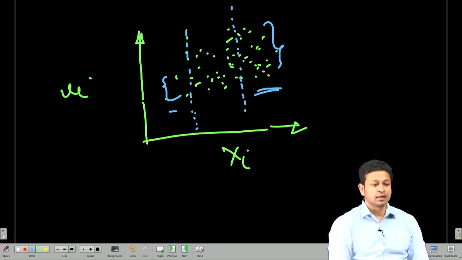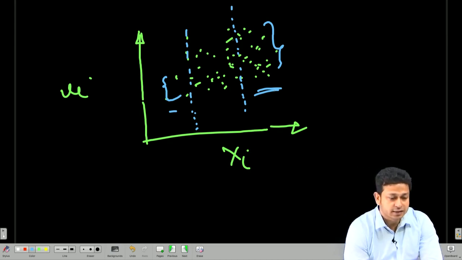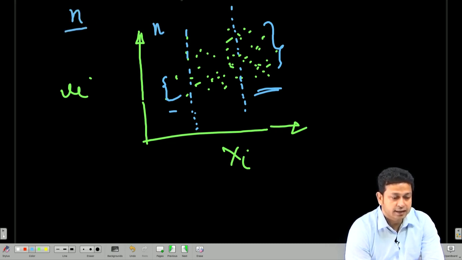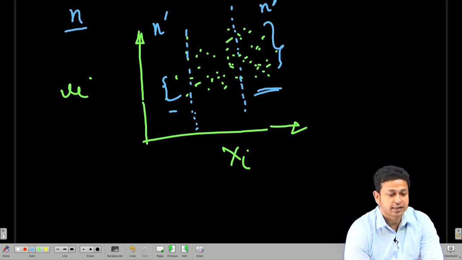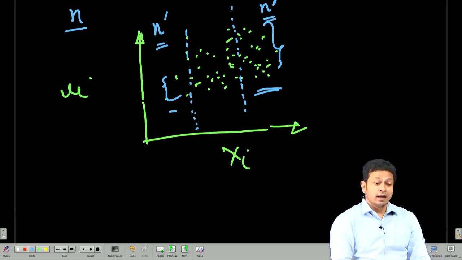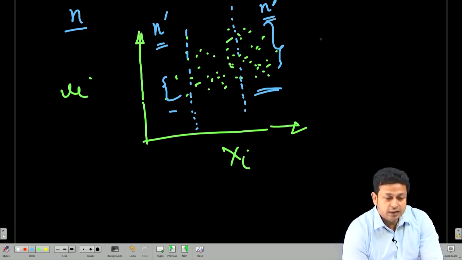And how we do it, there are certain rules we follow. Usually, let's say the total number of observations is n, and I take some n prime from here and some n prime from here. So the number of observations here and there are the same, and this n prime usually is equal to 3/8 of n.